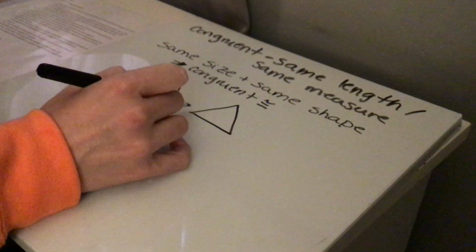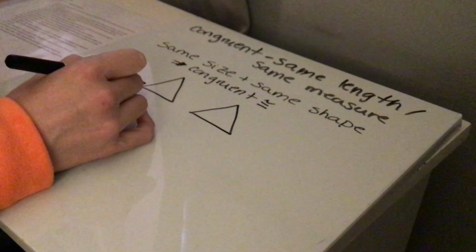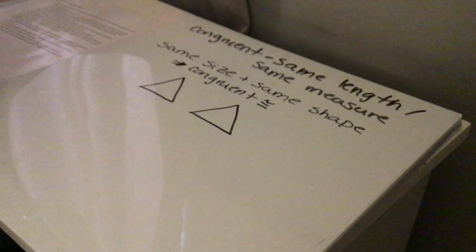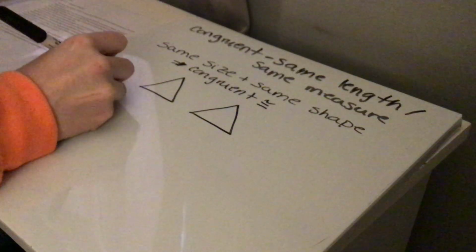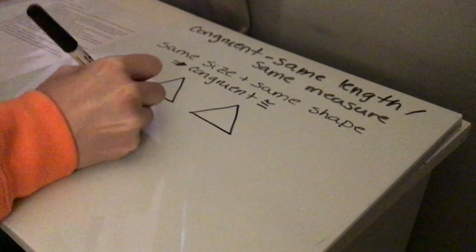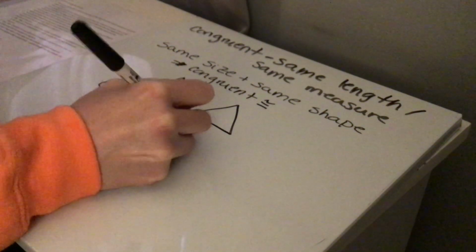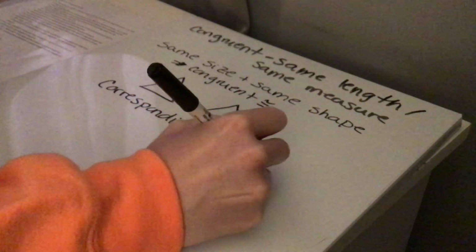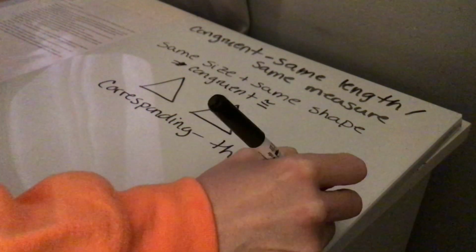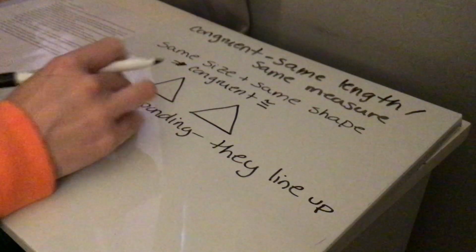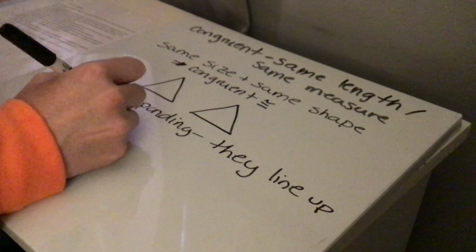So angles that are lined up are corresponding, and sides that are lined up are corresponding, or they're in the same position in the figure.